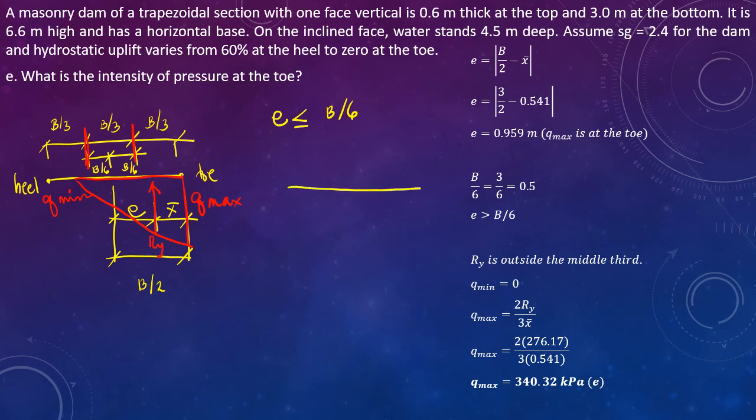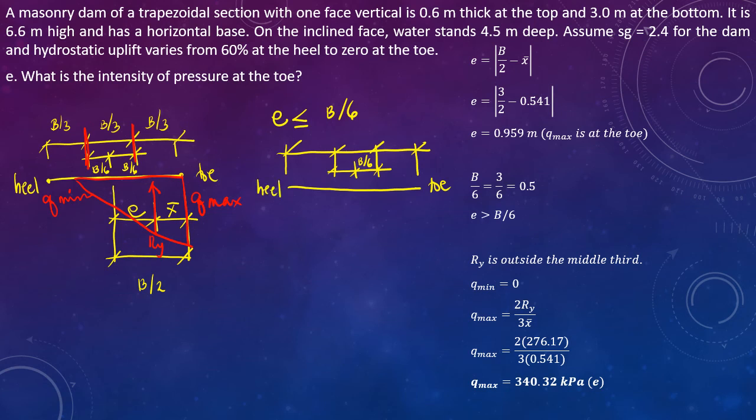So we have the base of the dam and we divide that into 3. So this will be B over 6. Based on the problem, this is the location of the toe and heel.